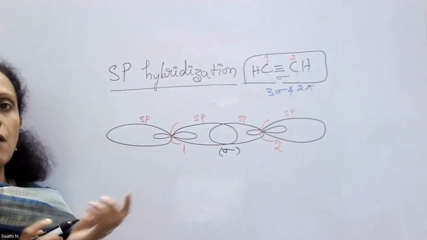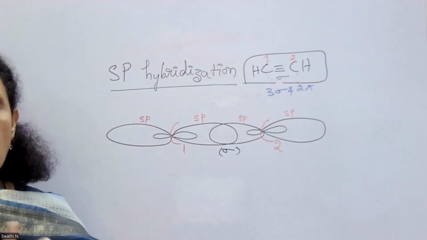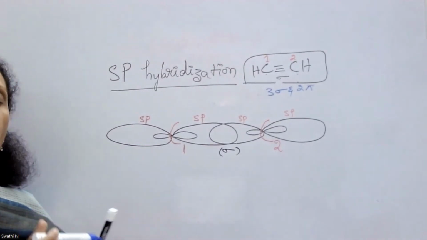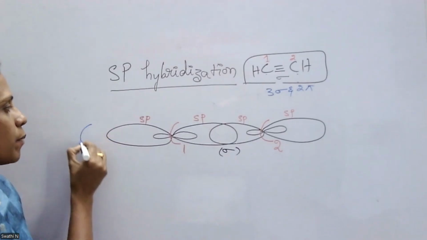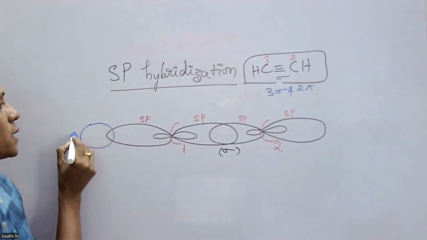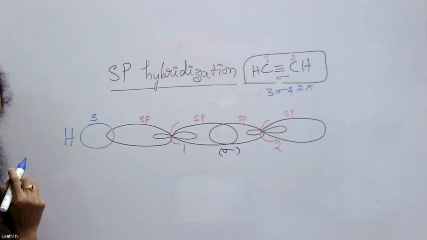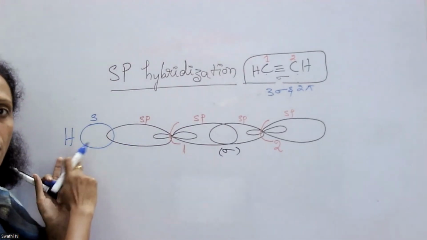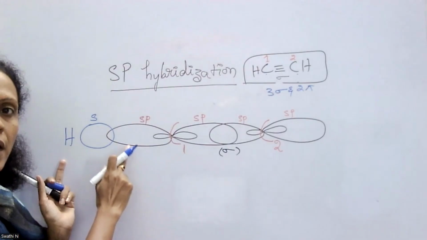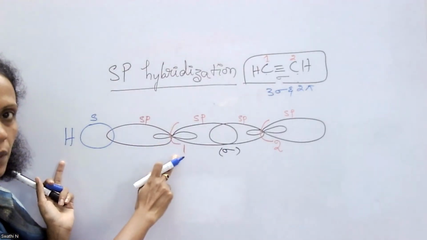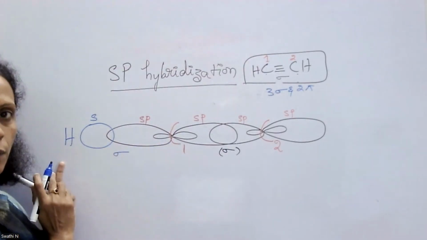The other leftover sp hybrid orbital of each carbon will be forming a sigma bond with the s orbital of hydrogen. This is the s orbital of hydrogen, which will be overlapping with the sp hybrid orbital of the first carbon. So this is how another sigma bond will be formed.